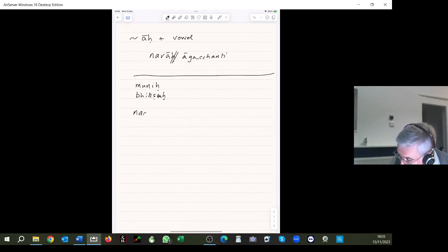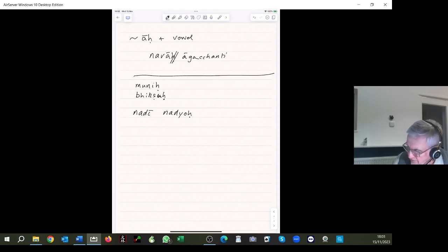The river is nadi, and the genitive dual of the two rivers is nadyoh. This set of rules, visarga preceded by any vowel apart from short a or long a, applies to all other vowels, long or short, i, u, e, o, and so on. The same rules apply to them all.